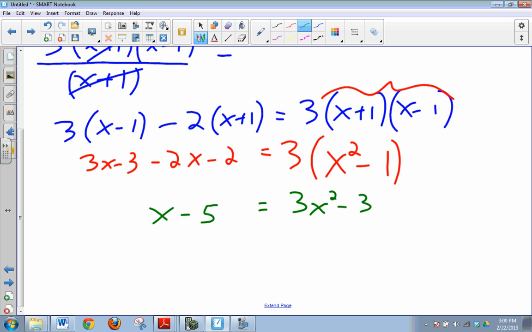We'd have to put it in the correct formula. But first, you got to put it into the right form. So it'd be 3x squared plus x, minus x minus 2, plus 2. So we'd have 0 over here.